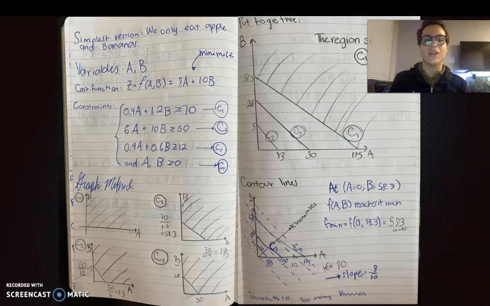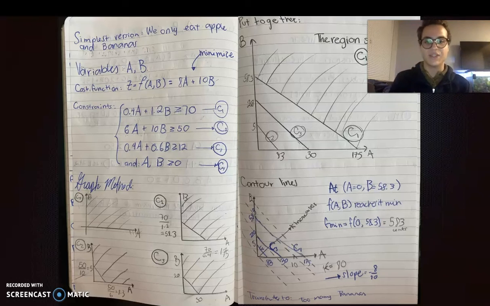We see how it reaches its limit at the minimum for the cost function of A and B, and its minimum would be $5.83 spent on bananas to meet the minimum requirement of the diet.